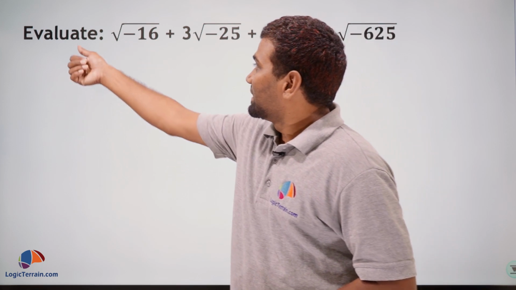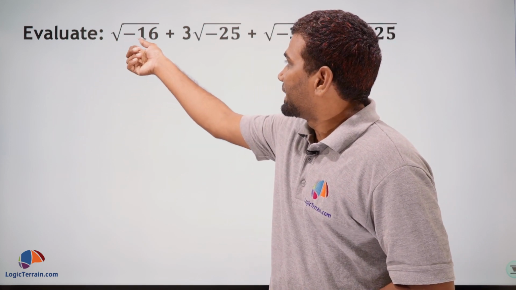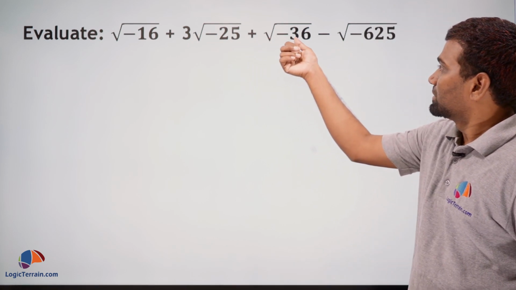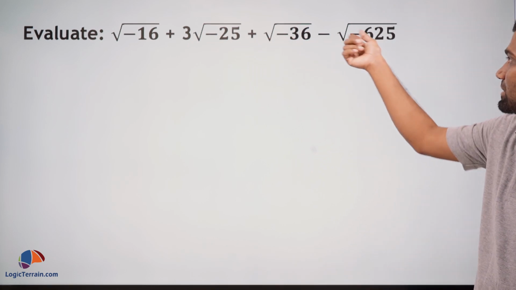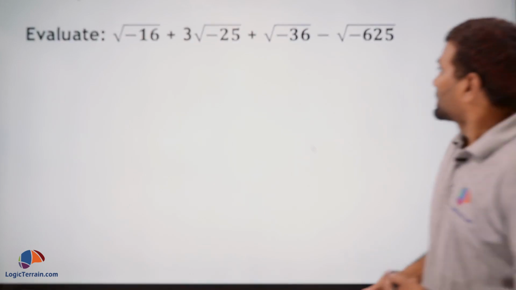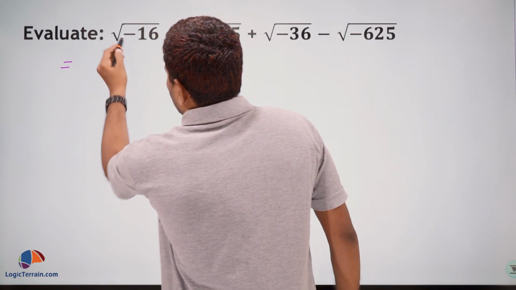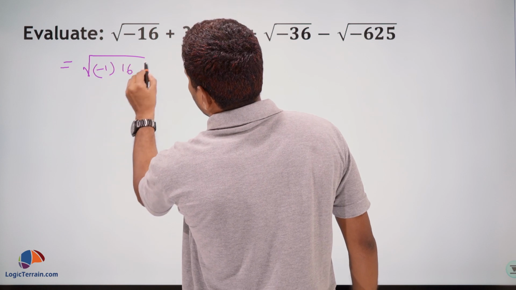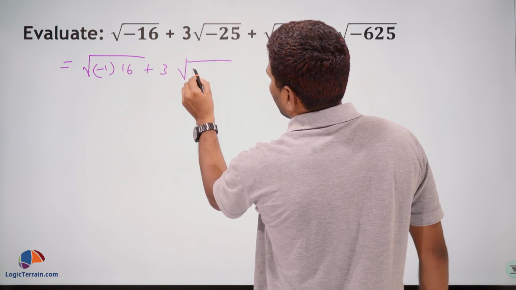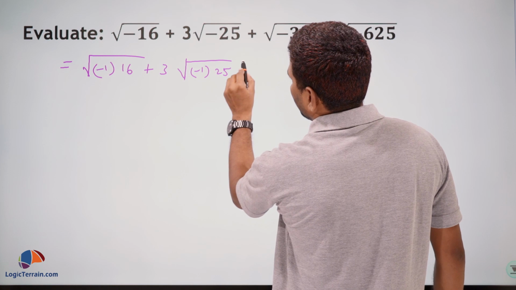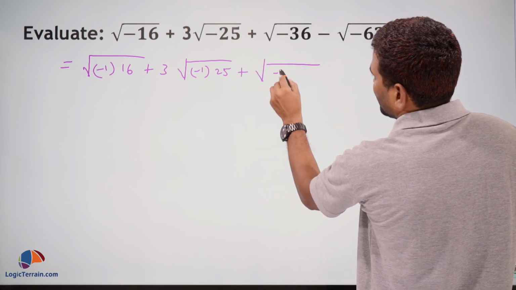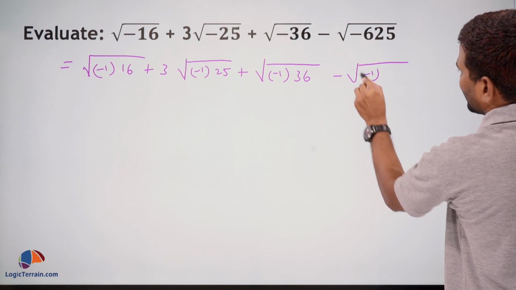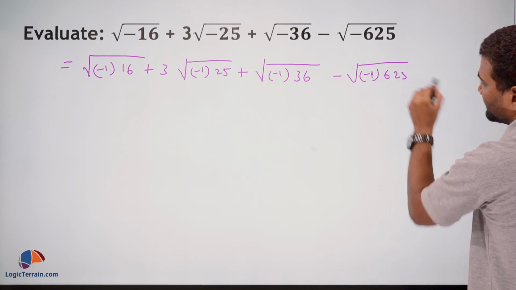Now let us discuss some examples based on previous results. Here is the question. Evaluate square root of negative 16 plus 3 into square root of negative 25 plus square root of negative 36 minus square root of negative 625. This is nothing but square root of negative 1 into 16 plus 3 into square root of negative 1 into 25 plus square root of negative 1 into 36 minus square root of negative 1 into 625.